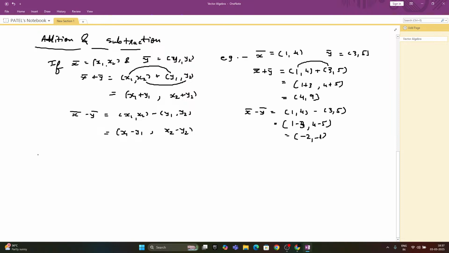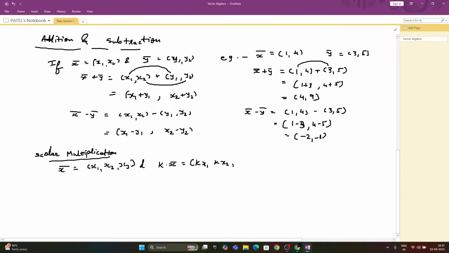Now scalar multiplication. If you have x bar as x1, x2, x3, I am taking three dimension here, and they say k into x bar, then it is k x1, k x2 and k x3.